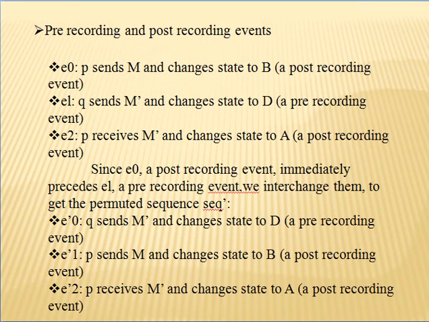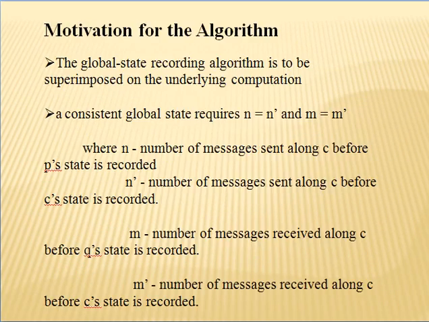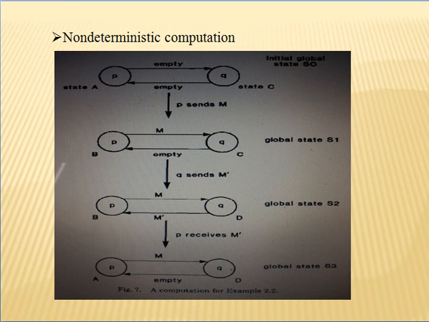Some of the pre-recording and post-recording events are listed in the figure. We can consider the first event, E naught: P sends a message M and changes state to B, which is a post-recording event.